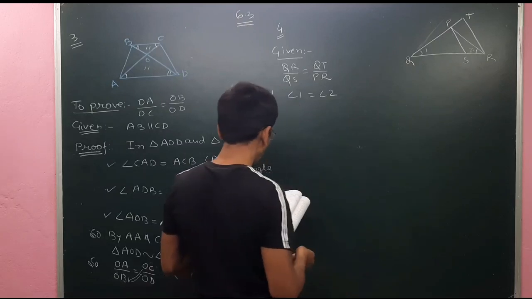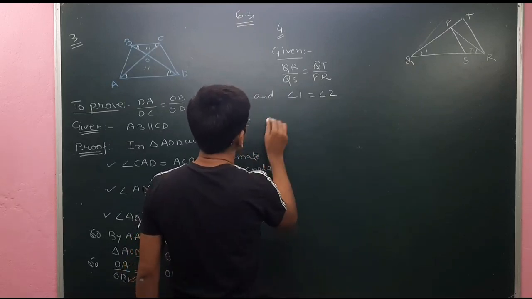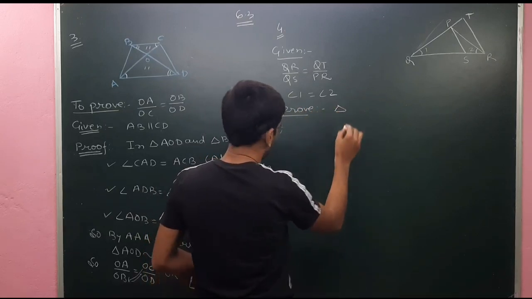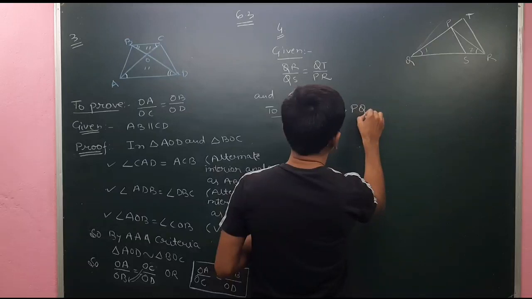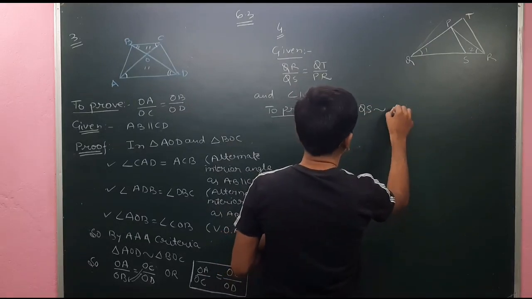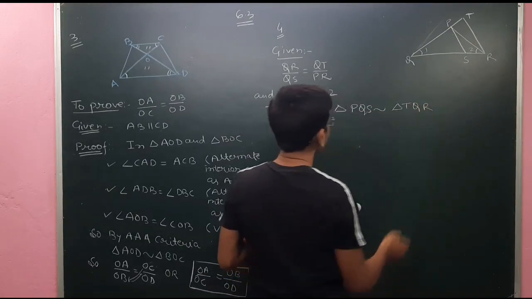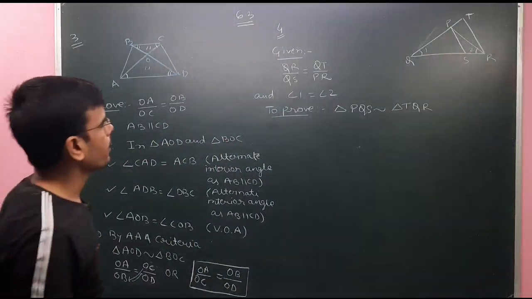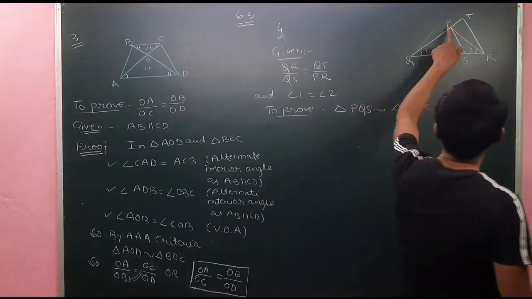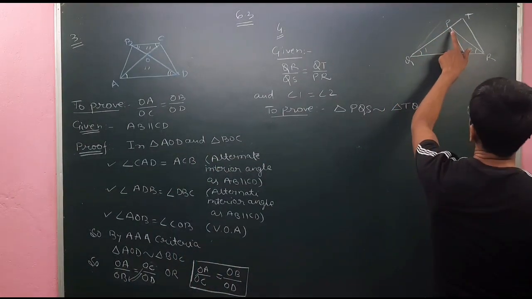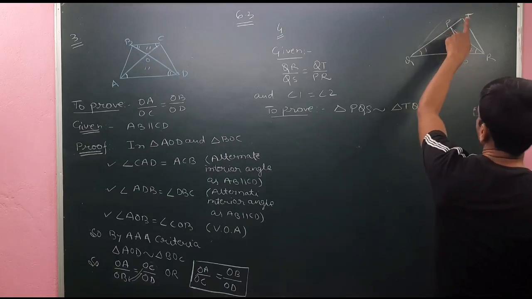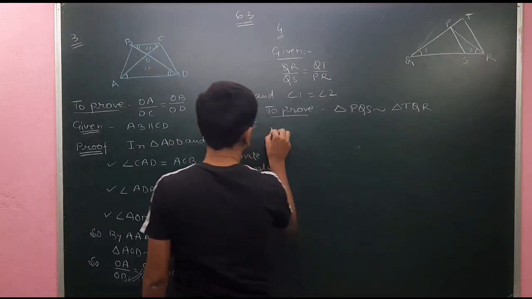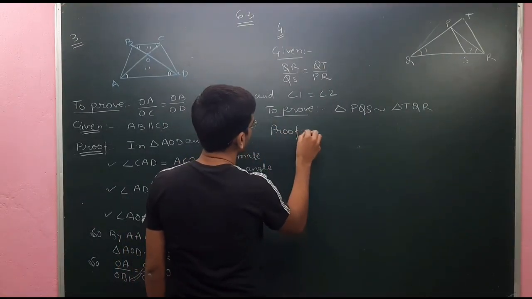To prove: triangle PQS is similar to triangle TQR. Means this triangle will be similar to triangle TQR. Let's see the proof of this question.